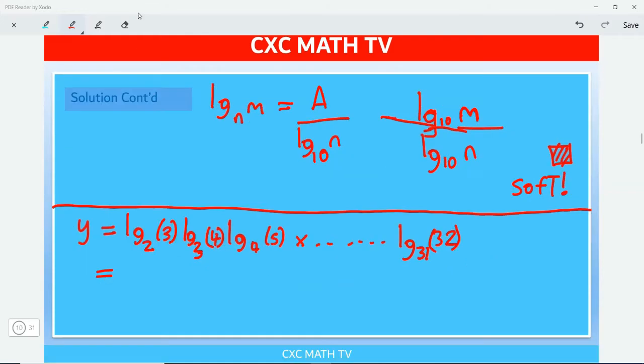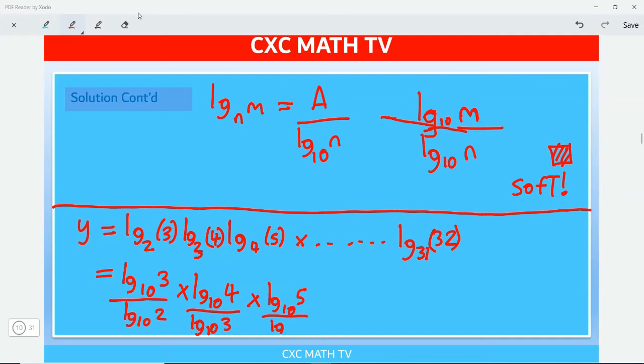So applying this, it can become log to base 10 of 3 over log to base 10 of 2, times log to base 10 of 4 over log to base 10 of 3, times log to base 10 of 5 over log to base 10 of 4.